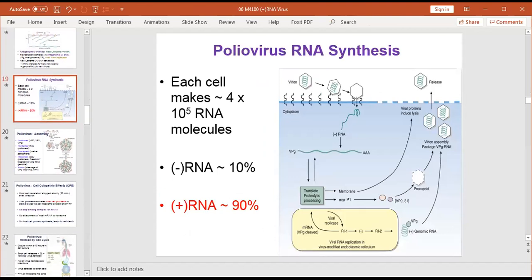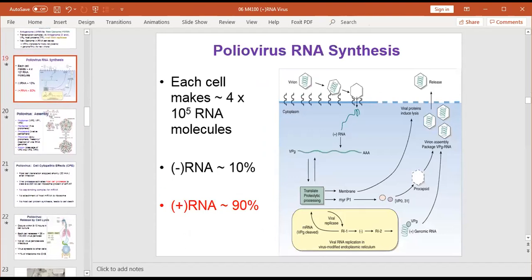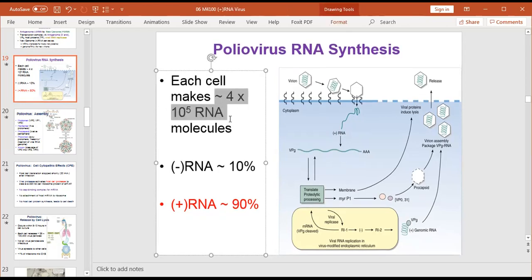Slide number 19 is a depiction of the poliovirus RNA synthesis. Each virally infected cell, after the virus gets in through receptor mediated endocytosis, is penetrated and uncoated and starts replicating, makes about 4 times 10 to the power 5 RNA molecules.